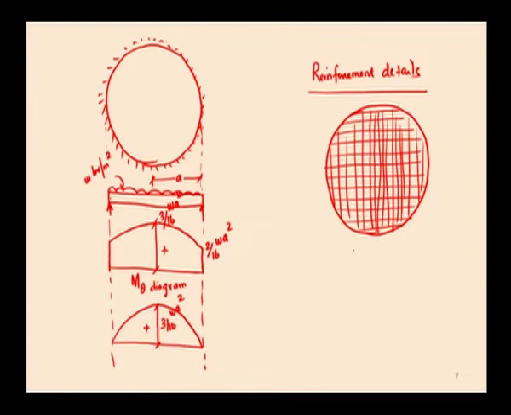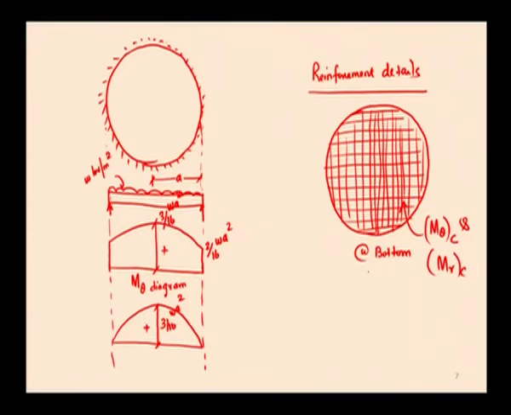This is the reinforcement at the bottom, for resisting M theta at the center and Mr at the center. This is the form of arrangement of reinforcement to resist the bending moment.